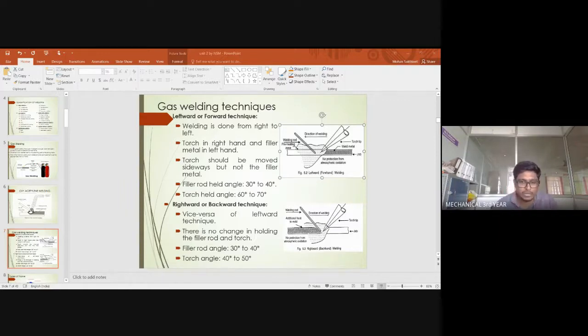We also note that slag is present over here. This burnt flux is deposited over the top of the weldment. I'll tell you what happens here. The electrode is also getting melted, getting burnt along with the flux.